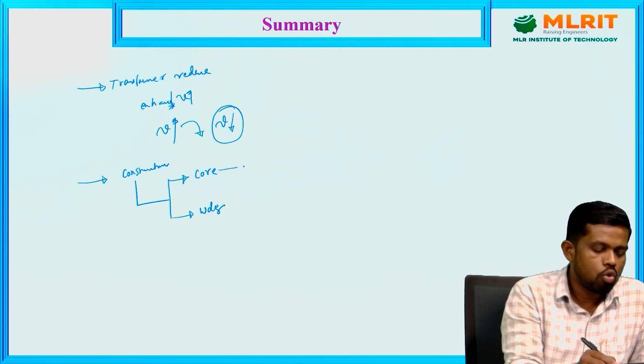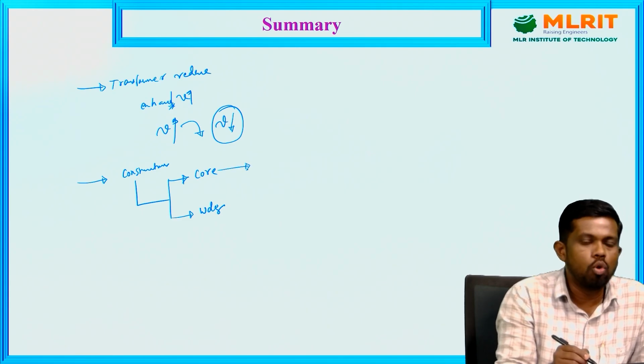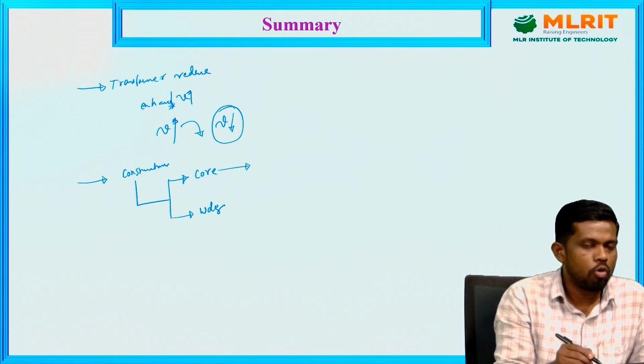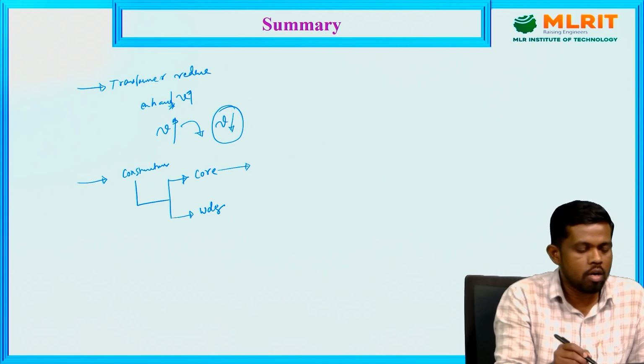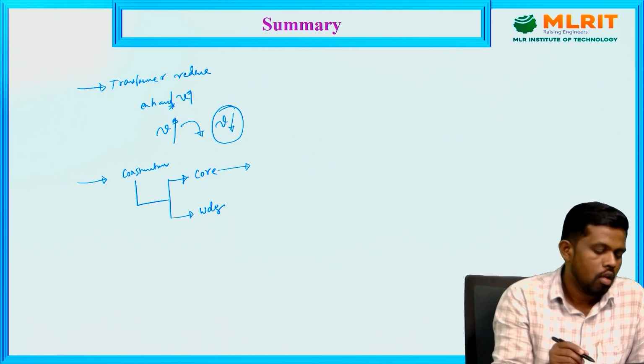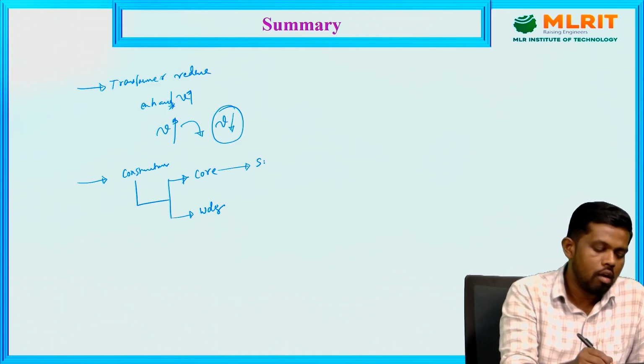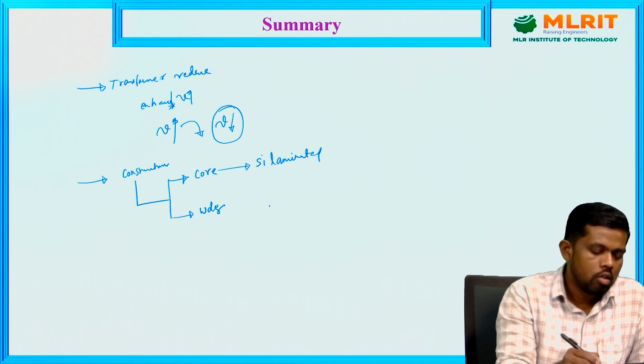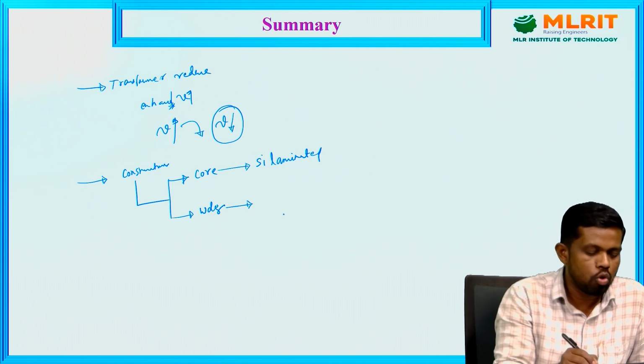The transformer core is a platform to hold the transformer winding, which provides the physical support to the transformer and also offers the least reluctance path to the magnetic flux linkage. Based on that, the material is made of silicon laminated steel. The set of copper turns wound over the transformer core is called the winding.